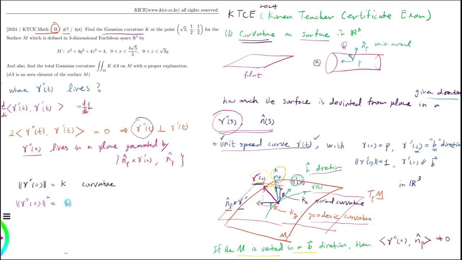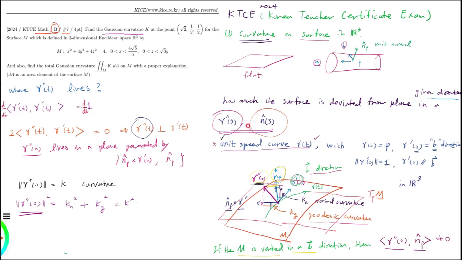One is the inner product of its second derivative with its unit normal vector, the normal curvature, and the other one is called the geodesic curvature. So we have this information from the unit speed curve and the square of the norm of its second derivative.